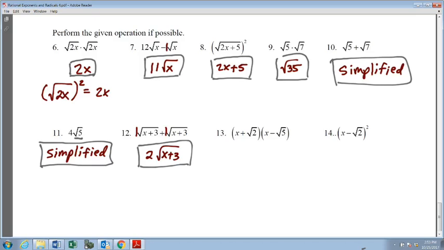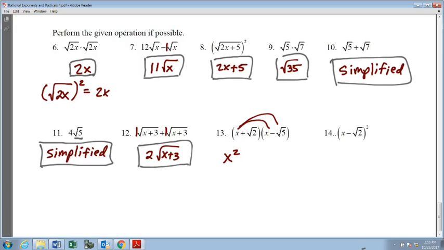Now number 13, I hope that when you see that, you think of FOIL. First, outer, inner, last. We've done the same thing, but we didn't have radicals. We had nice integer numbers. So we're just going to do the multiplication the way we would have before. We'll multiply our first terms, we get x squared. We'll multiply our outer terms.